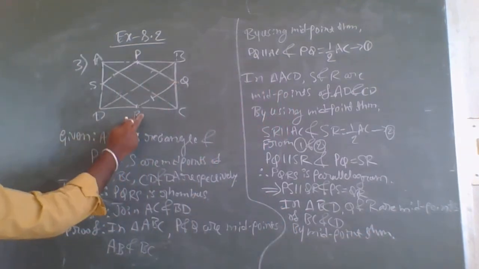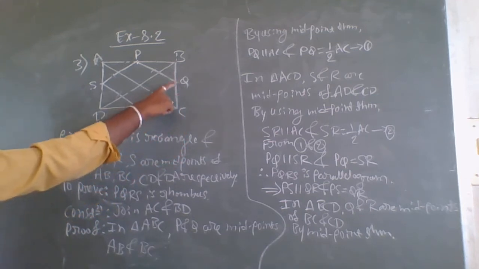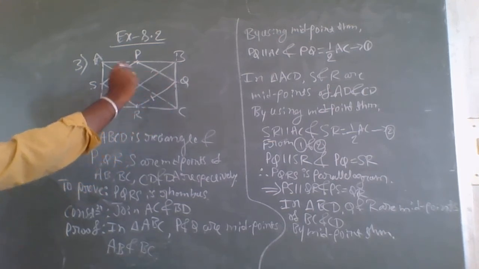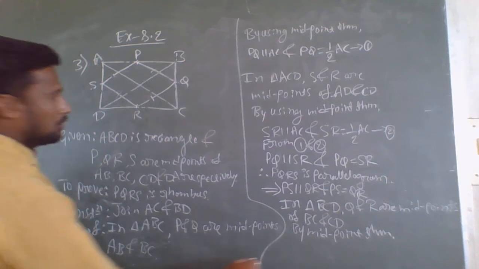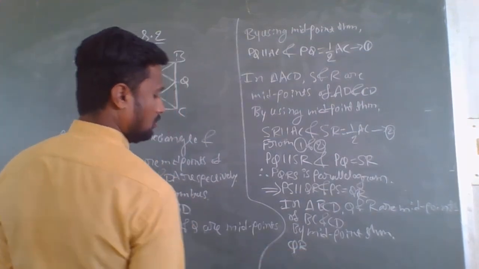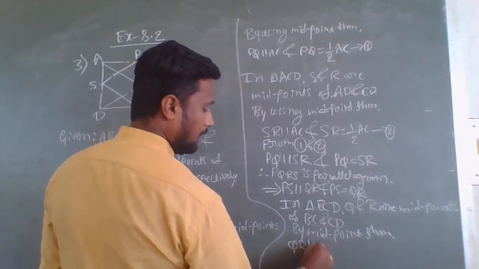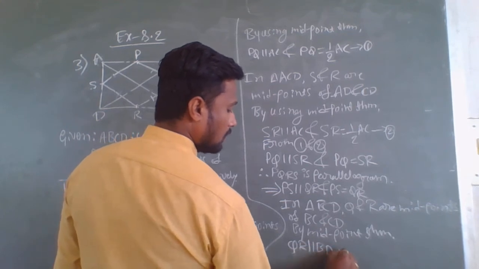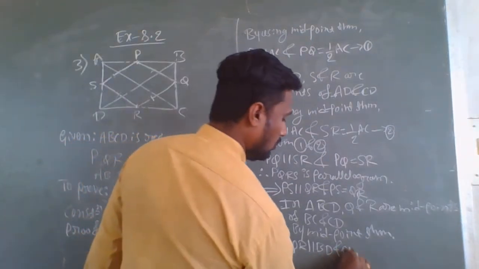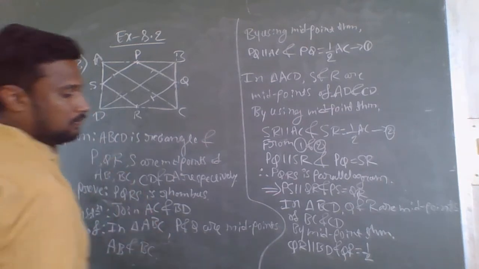Q and R are midpoints of BC and CD, which means QR should be parallel to BD, and QR is also half of BD by the midpoint theorem. So here I will write QR is parallel to BD, and QR is equal to half of BD.